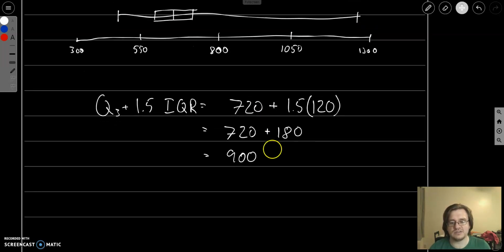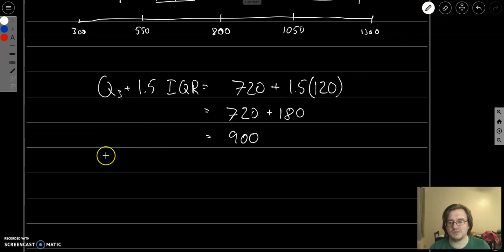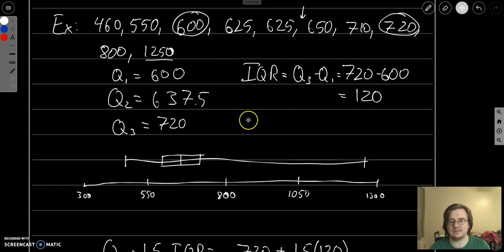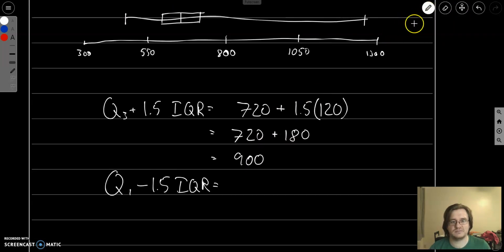We can also do the same to try to find outliers that are small. Q1 minus 1.5 IQR. The first quartile is 600, and we're going to subtract 1.5 times 120.